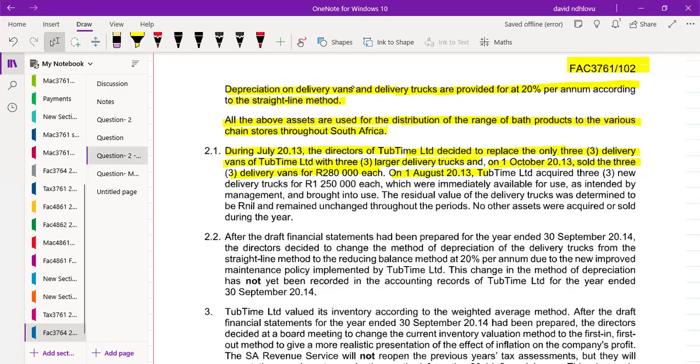On 1 August of the year 2013, Tap Time acquired 3 new delivery trucks for 1.2 each, which were immediately available for use as intended by management and put into use. The residual value of the delivery trucks was determined to be nil and remained unchanged. I don't see any error. There was a sale of the delivery vans and we replaced them with the delivery trucks.